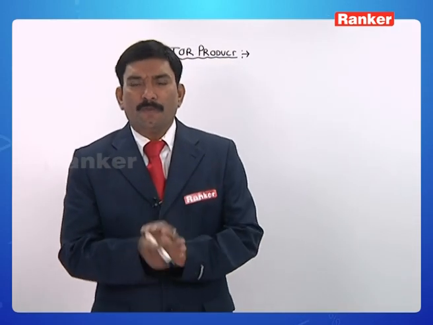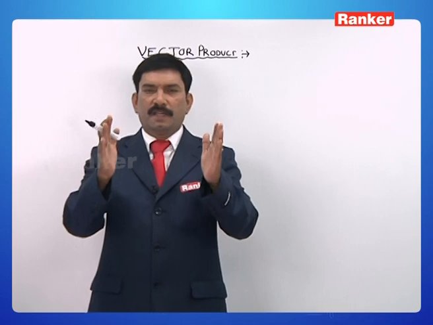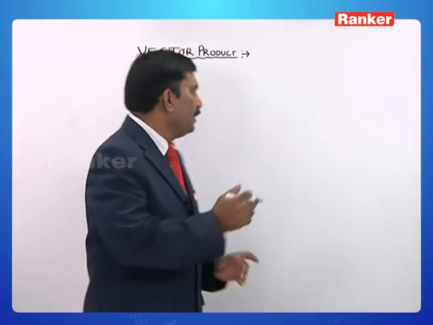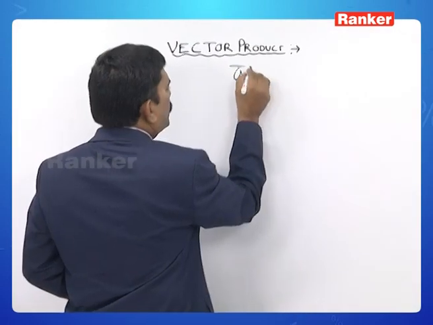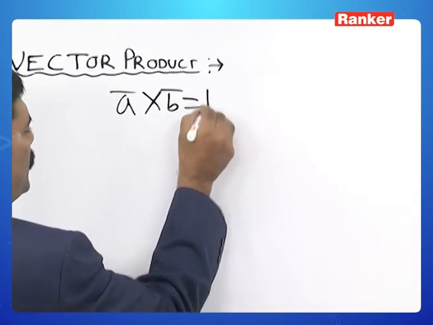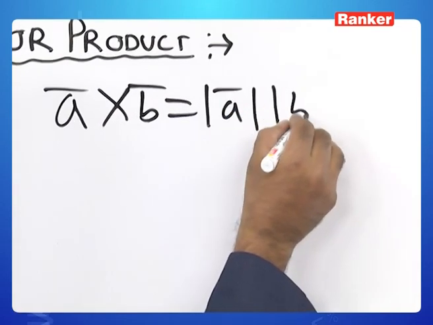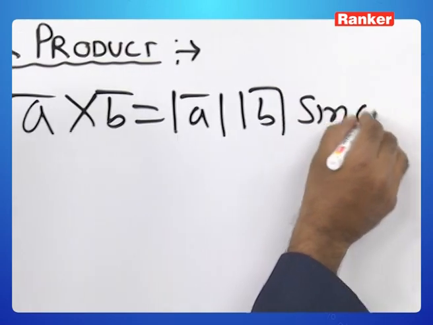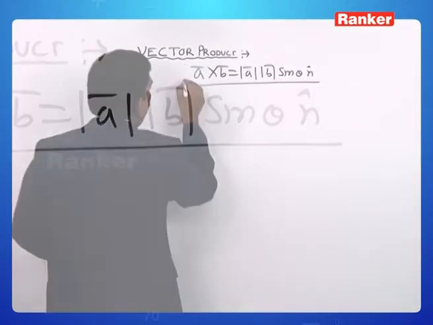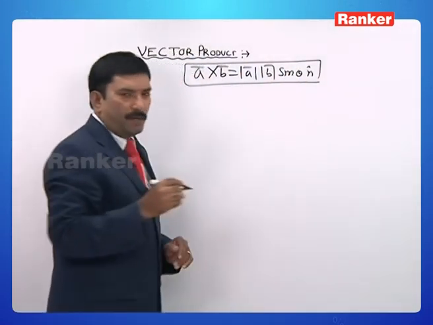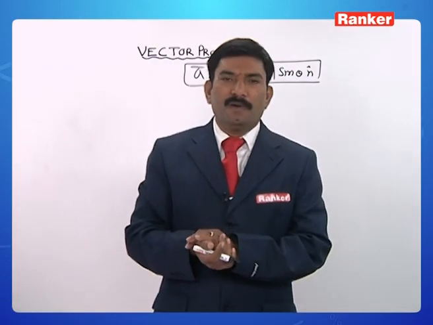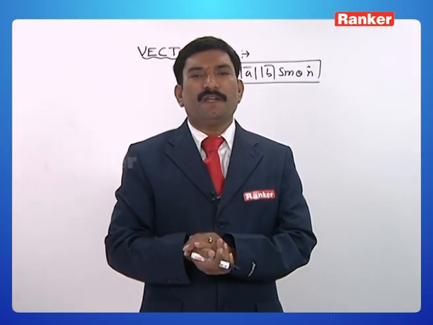So one vector can be expressed as a scalar multiple of another vector. That is, I can write A bar cross B bar is equal to mod A bar mod B bar sin theta into n cap.